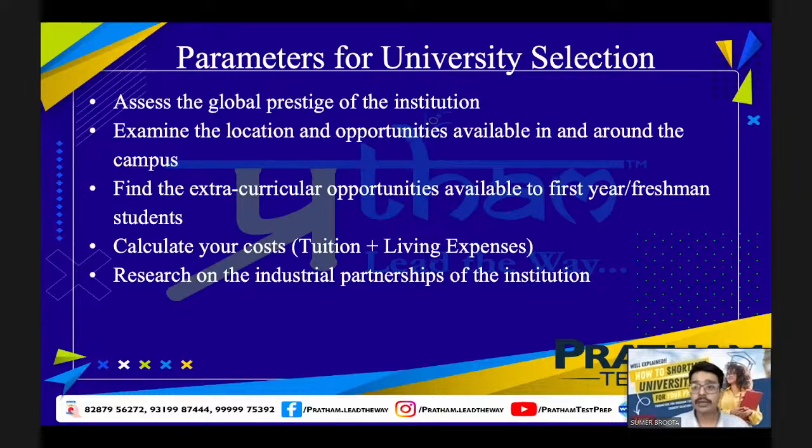For example, the university might be really great, but you may not have abundant opportunities in and around the university to explore your interests, or explore part-time work opportunities, or network with your industries also. Finding the extracurricular opportunities available to first year freshman students is again important.